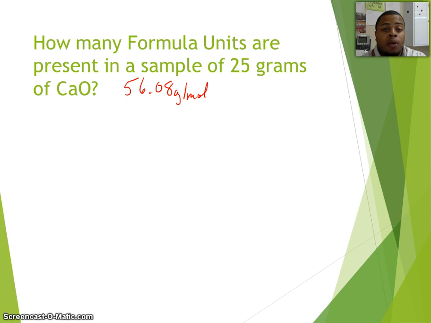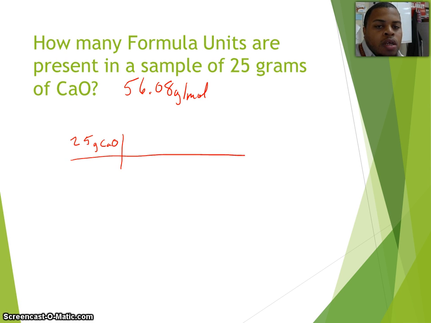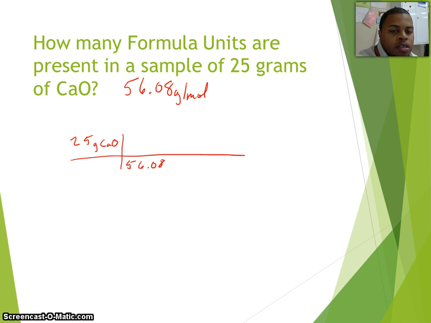All right, now we need to put this all together because I need to go from grams all the way to formula units. So I'm going to take my 25 grams CaO. Now, since I have grams of calcium oxide here, that means I need to put my 56.08 grams here, and my 1 mole goes up top.